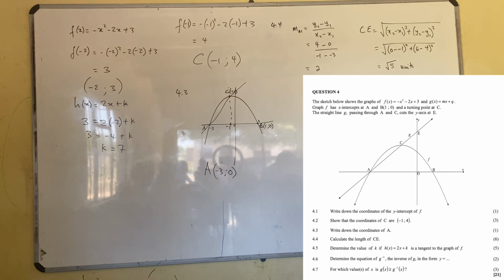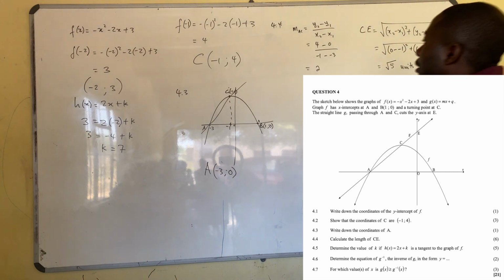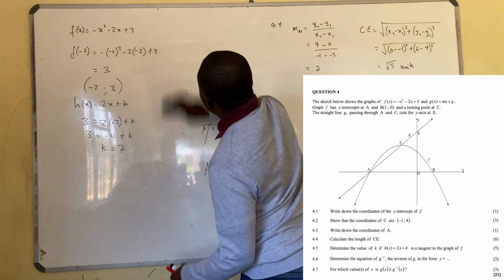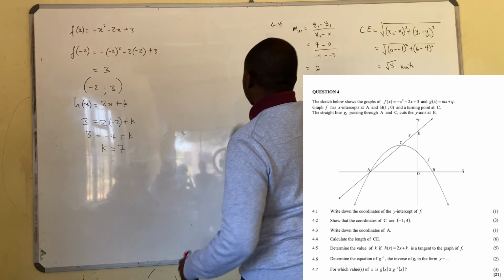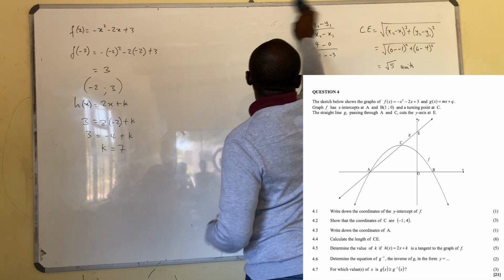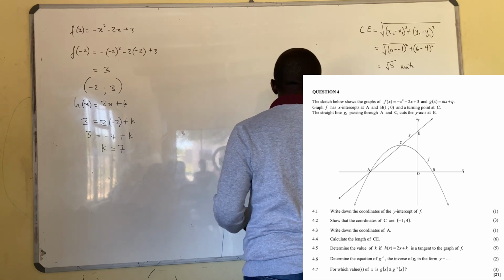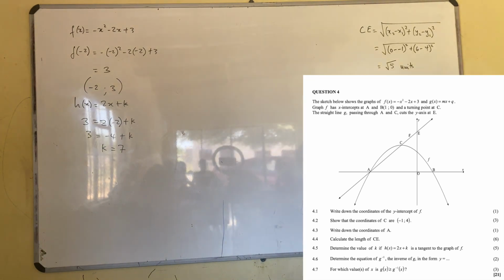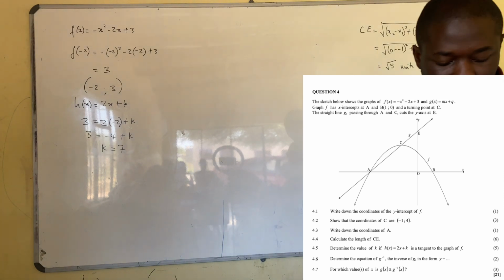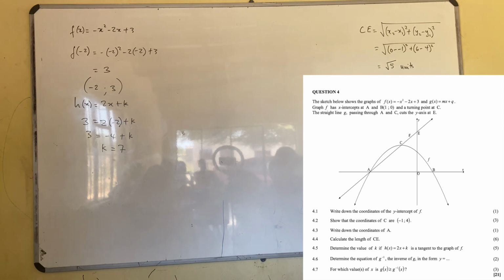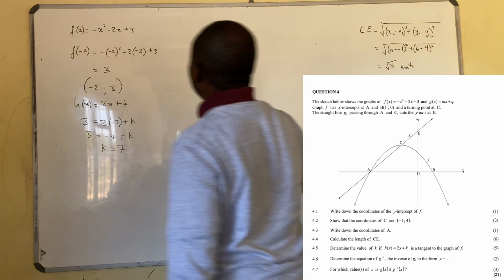Then determine the equation of the inverse of g in the form y equal to dash dash dash. Now, let's see, g.